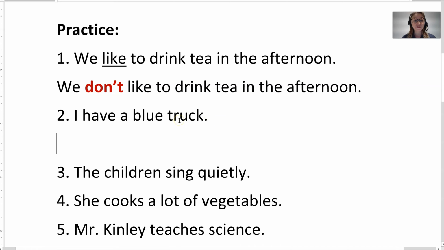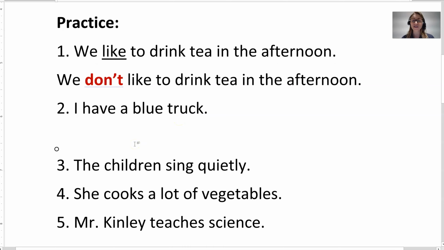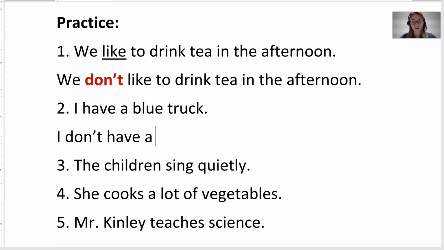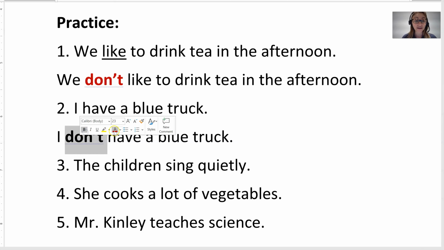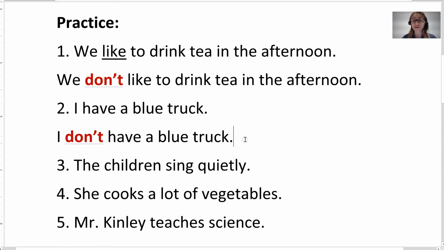Next one, number 2, I have a blue truck. How do we change that to negative? I don't have a blue truck. Exactly. So we just change and we put the word don't in front of the verb. Again, this one, the verb is have.